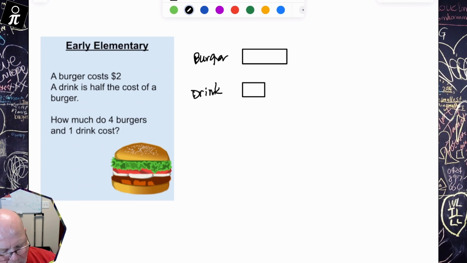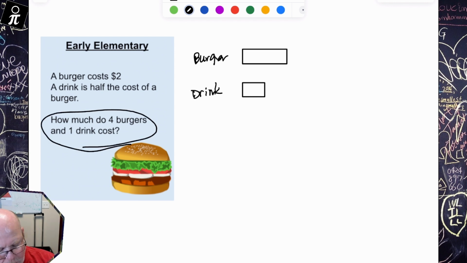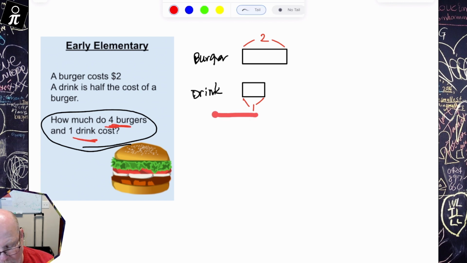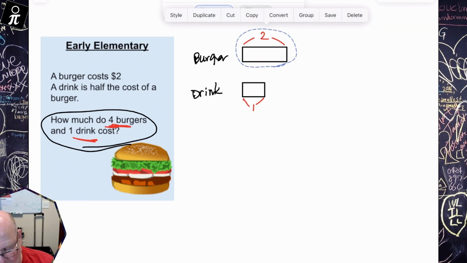Then it says, how much do 4 burgers and 1 drink cost? Let's say this is $2 and the drink is half as much. So that means the drink is $1, and we want to know how much 4 burgers and 1 drink cost. We already have our drink, so all we have to do is get our 4 burgers.